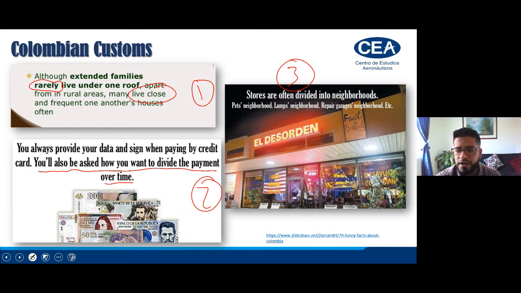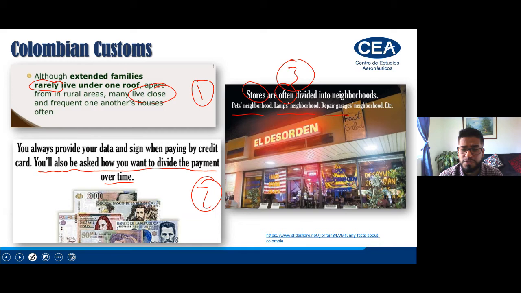Colombian customs. And the number 3, stores are often, look here, the adverb of frequency, stores are often divided into neighborhoods. So for example, pets neighborhood, lamps neighborhood, repairs, gadgets neighborhood. In Bogota, this is very common. For example, when you have a problem with your car and you need to go to the mechanic, there is a specific sector, el 7 de agosto neighborhood.